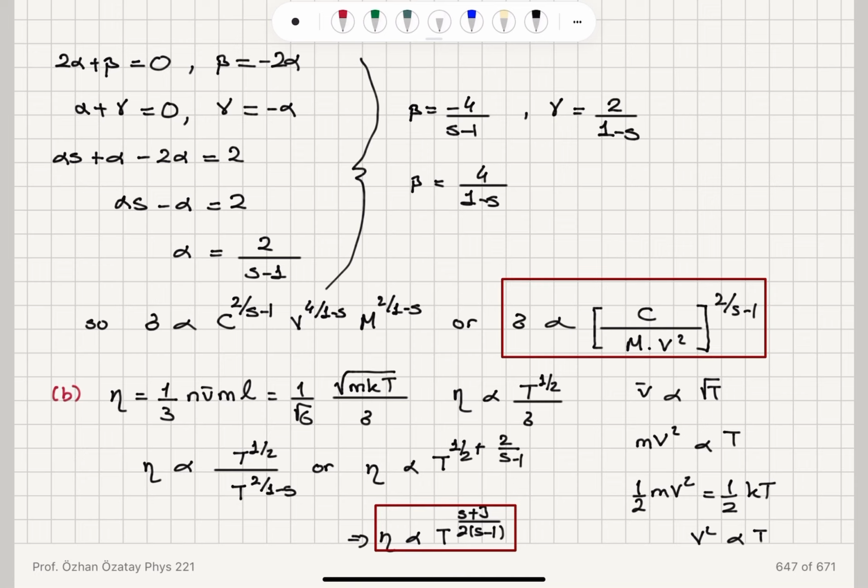Gamma is minus 2 over s minus 1. If we operate the minus sign at the bottom, we obtain 1 minus s. So sigma is C to the power alpha, which is C to the power 2 over s minus 1, v to the power beta, v to the 4 over 1 minus s, m to the power gamma, m to the 2 over 1 minus s. So in other words, this is C over m v squared to the power 2 over s minus 1.